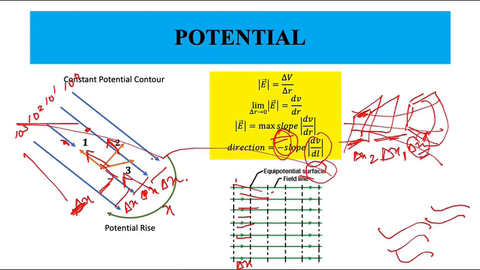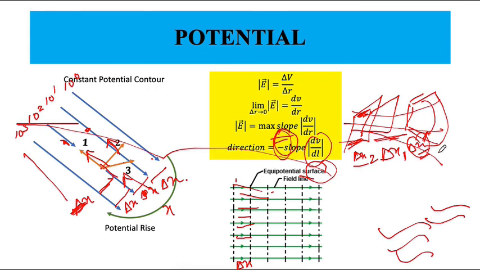Because the field is actually getting weaker, you need a larger distance to get the same potential difference than you obtain when you move in a stronger field. See, in a stronger field you move a certain distance delta x, you get a certain potential.